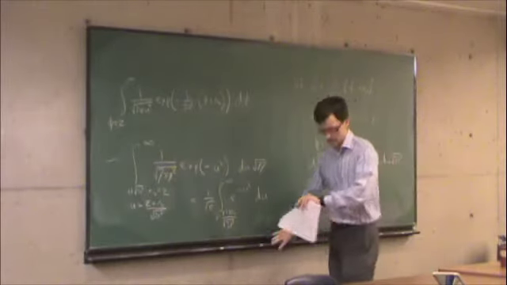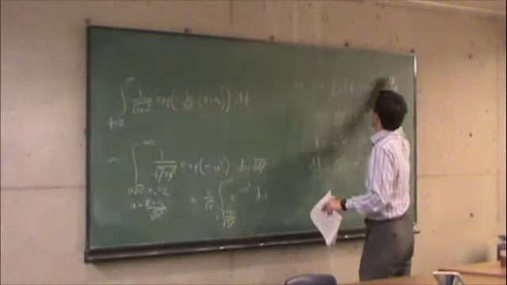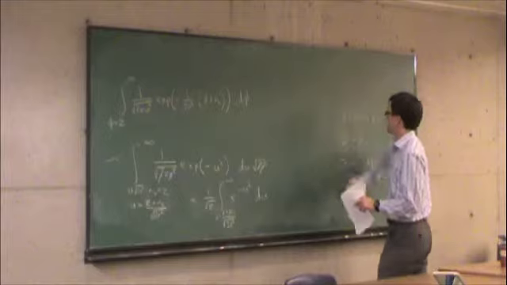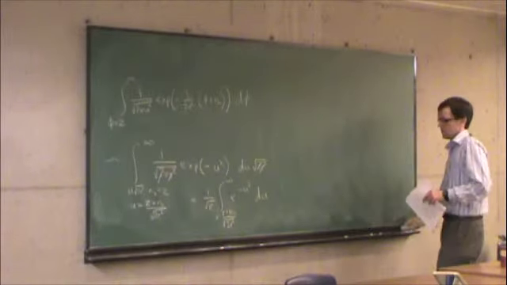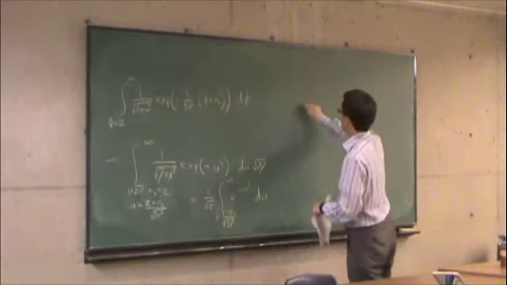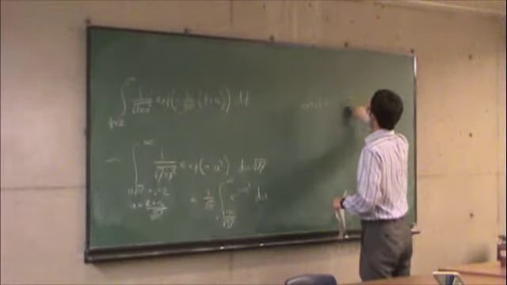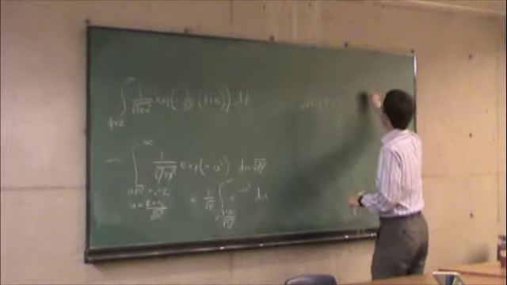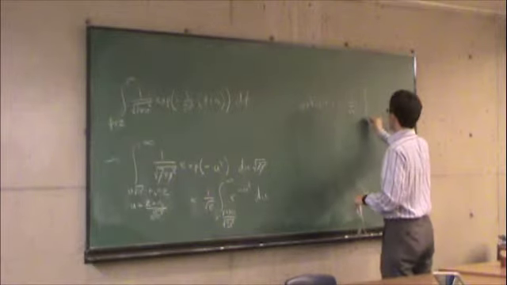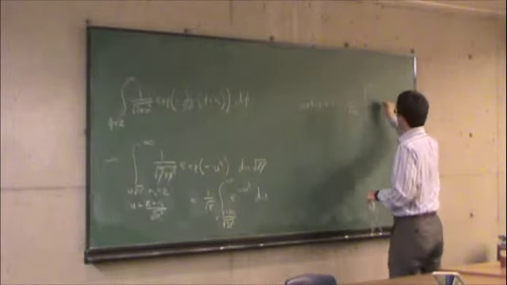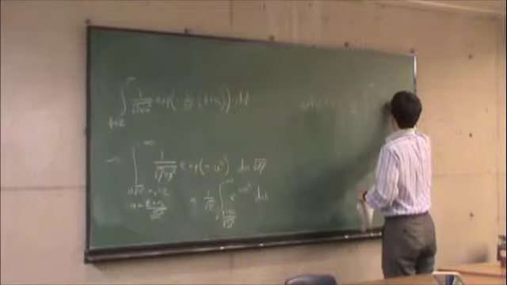So, erfc was expressed this way: erfc of t is 2 over root pi, integral from t to infinity of e to the minus u squared du.